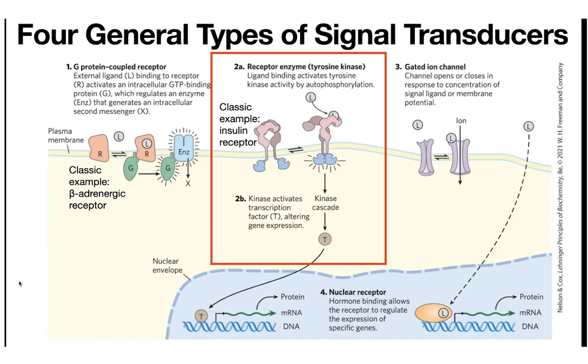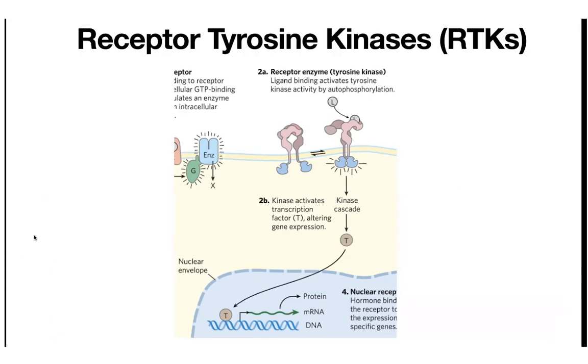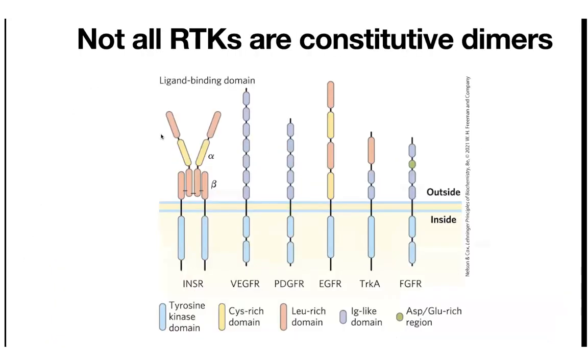Receptor tyrosine kinases are going to act as dimers. Sometimes we'll see that they're constitutive dimers, such as in the case of our insulin receptor, or INSR. So it's always a dimer, but it's not active. On the other hand, we have other receptor tyrosine kinases that are monomeric, and only upon the binding of a ligand do they come together.